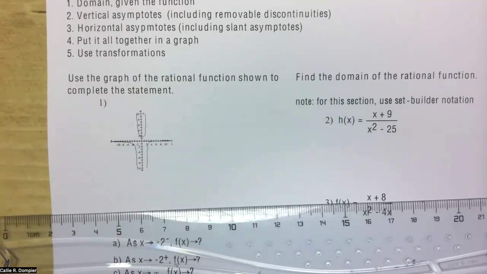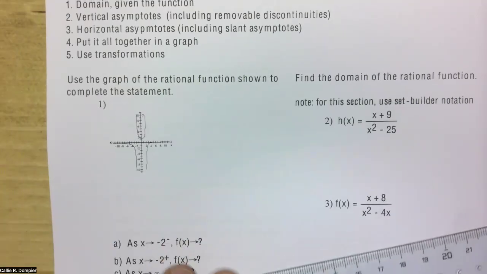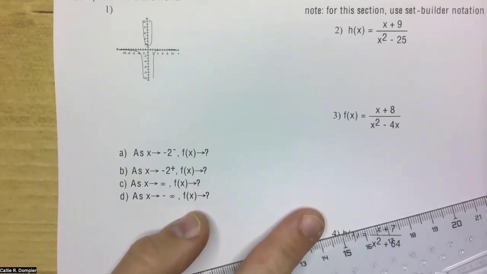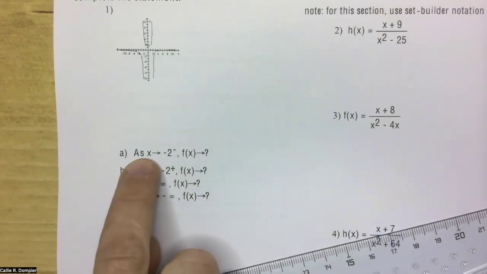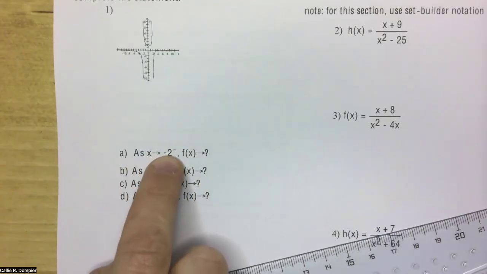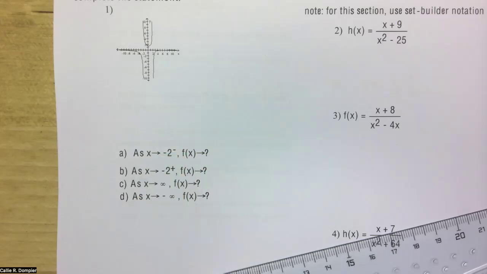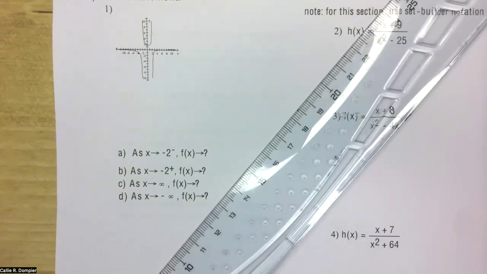So the first question says, use the graph of the rational function shown to complete the statement. Here's the graph, and it says, as x approaches -2, that means from the negative side, right? So I said that there was an asymptote at -2.